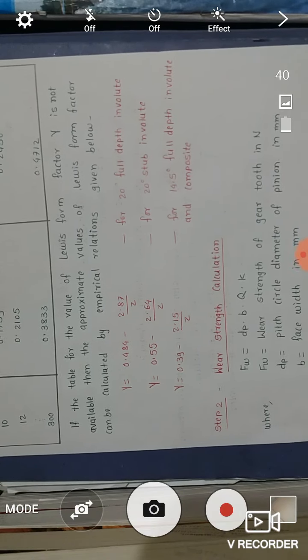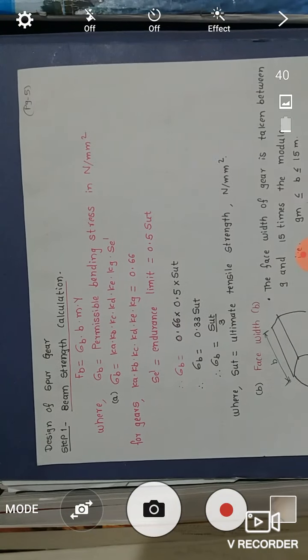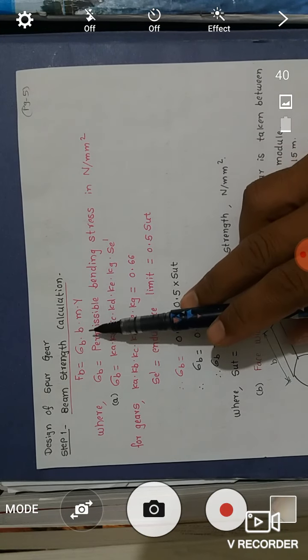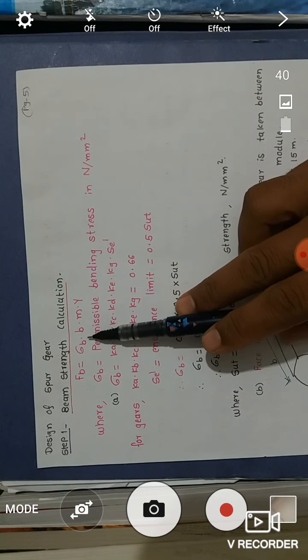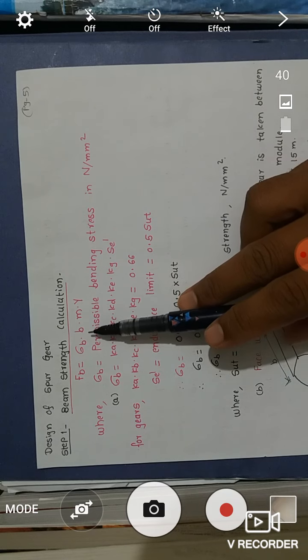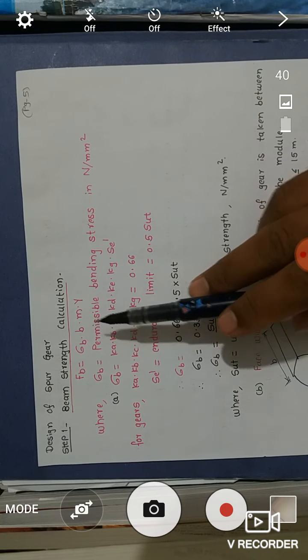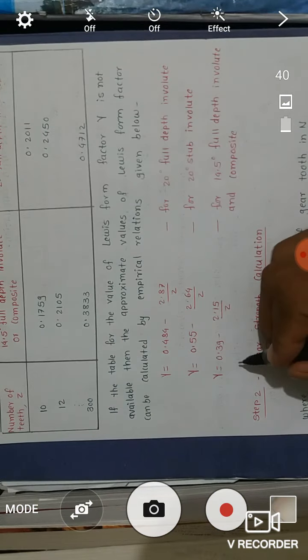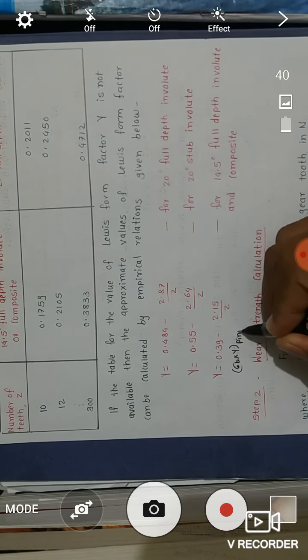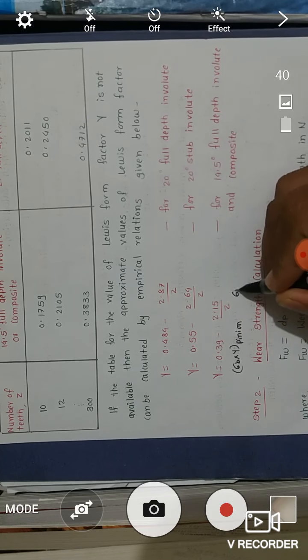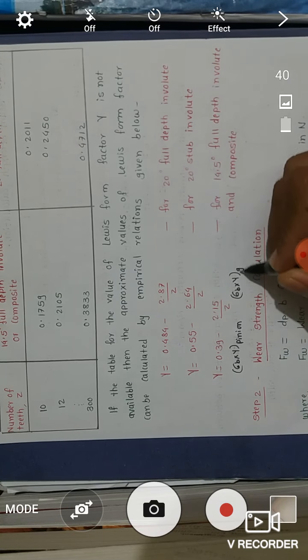So here we see all the terms, but two gears are there, pinion and gear. Which gear's values do we substitute here for beam strength calculation, the pinion or the gear? For that purpose we consider the product of sigma b into y for pinion and sigma b into y for gear.